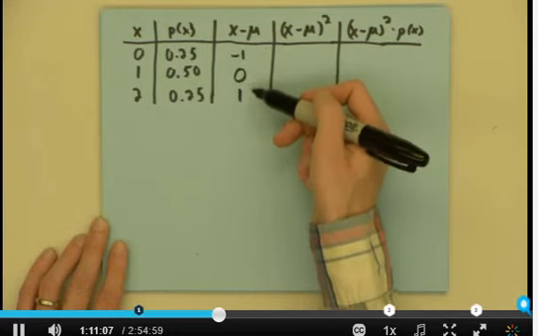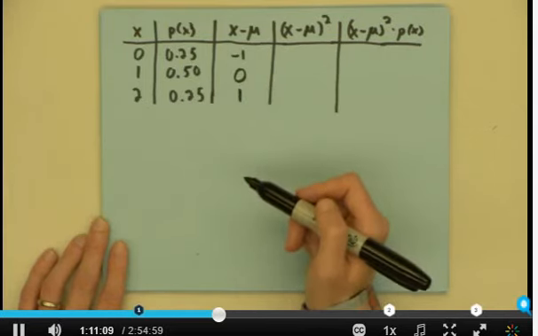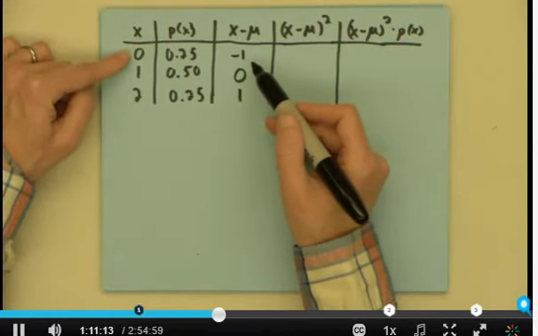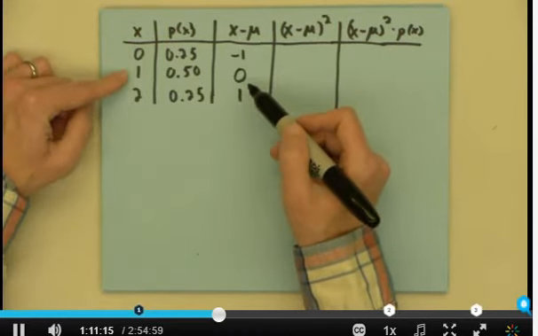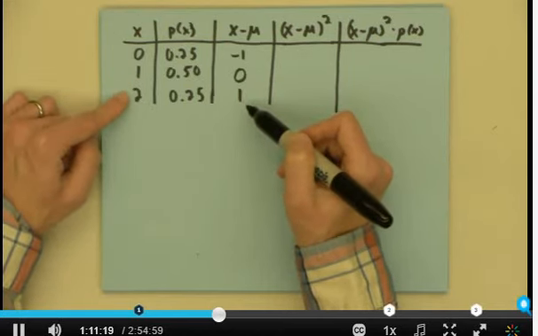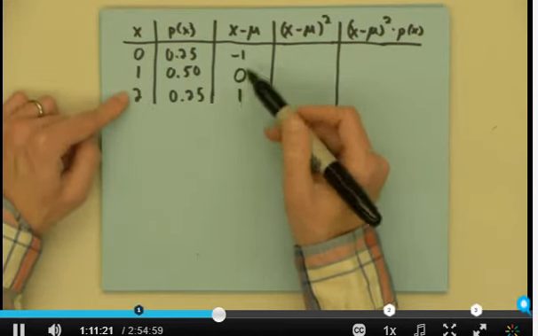And you can think of this as relative to the mean. Where is this value? 0 is one value below the mean. 1 is exactly the same as the mean, and 2 is one value above the mean. That's what this deviation column is doing.